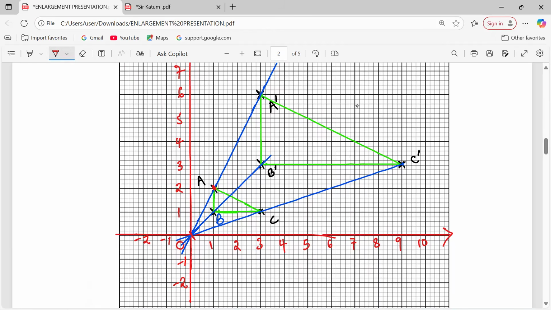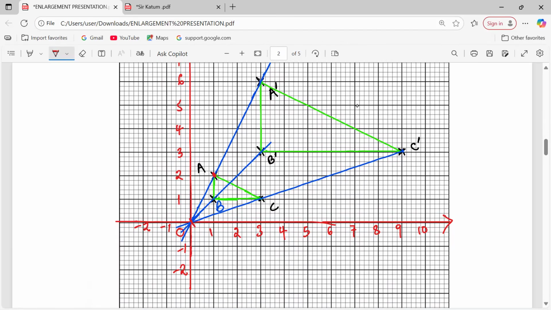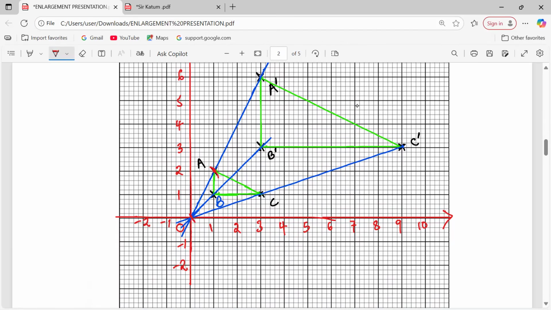Then just to make your work easy, you don't have to measure the distances. You're supposed to pick the distance using your compass, the distance from A to the center. Then you check how many times this distance fits in the other distance from the same center to A prime. 1, 2, 3 times.